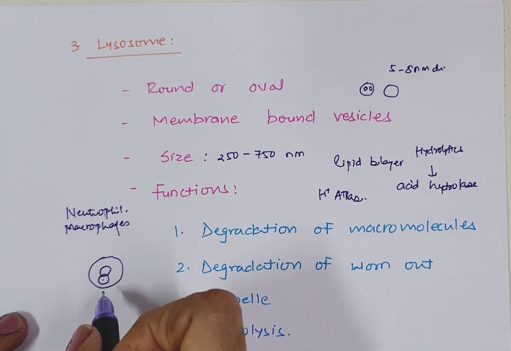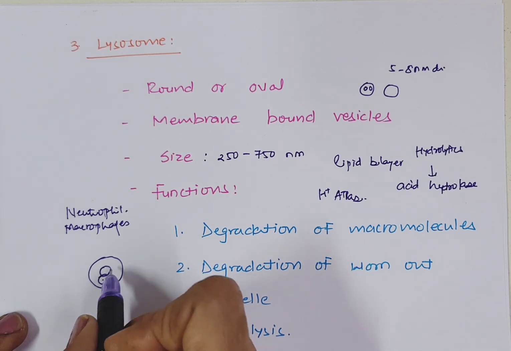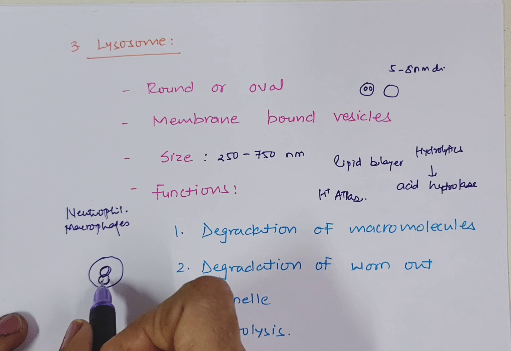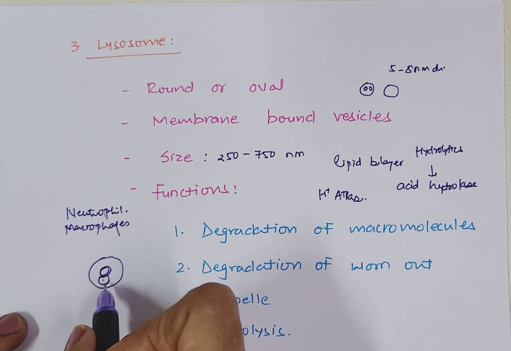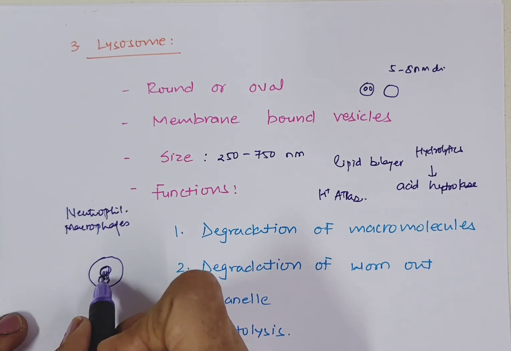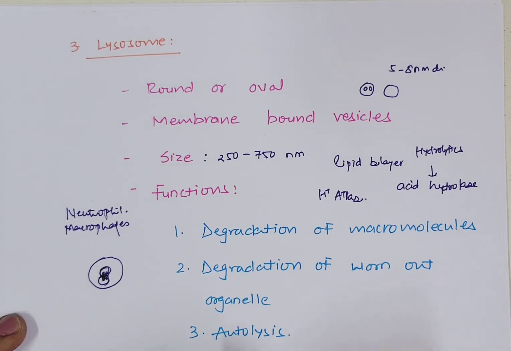This was a primary lysosome first, now it is converted into a secondary lysosome, and the pH of the secondary lysosome becomes acidic, where lysosomal enzymes become active and are released inside the macromolecule, and it is destroyed. So that is the first function of lysosome.